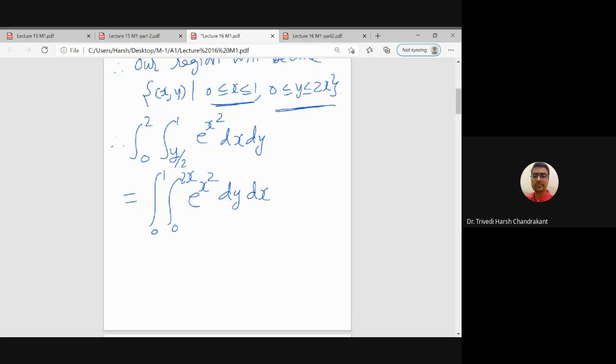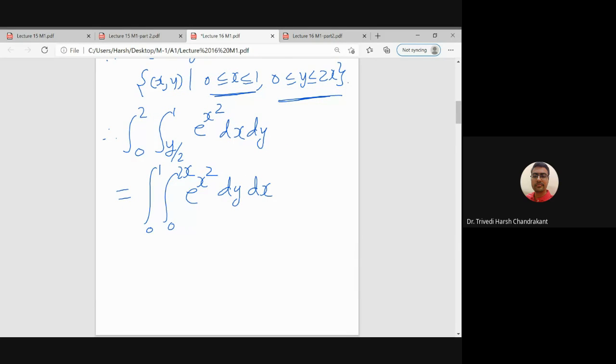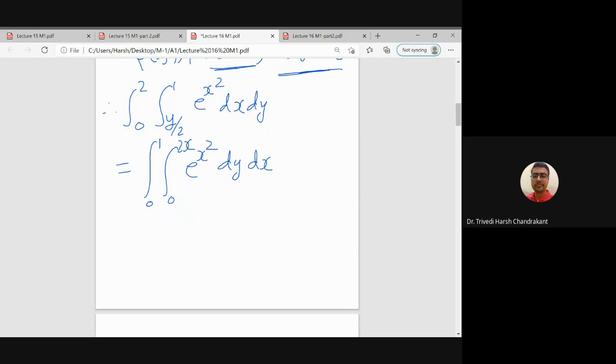So now what we will do is integrate this function if it is possible. We can see that the e power x square function is constant with respect to variable y. So it will come out of the integral, and then the integral of 1 is y, and the limit of y is from 0 to 2x.